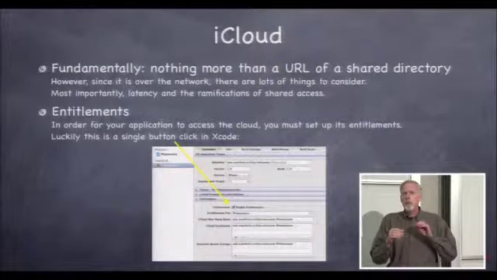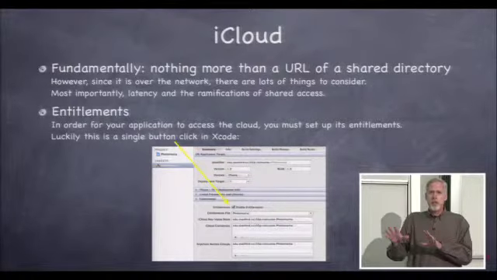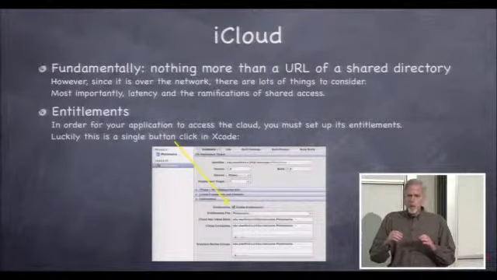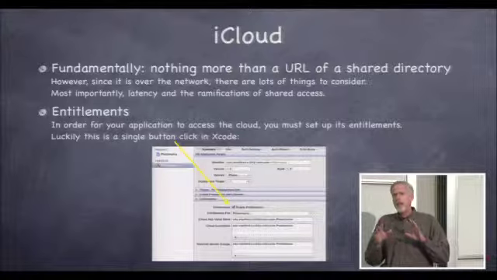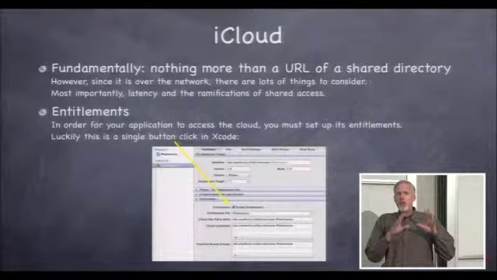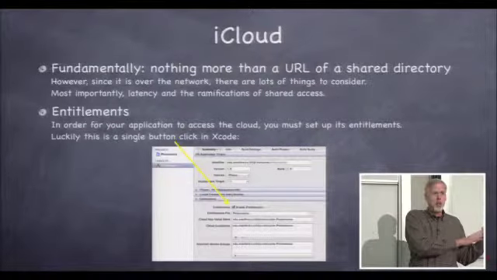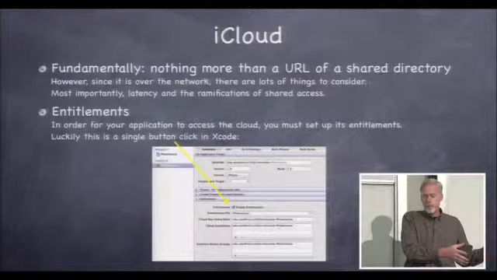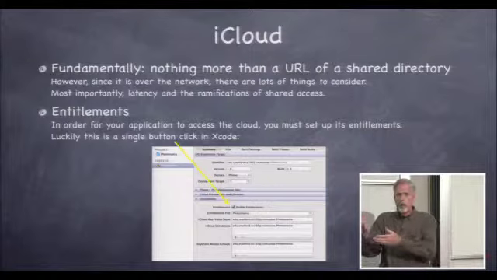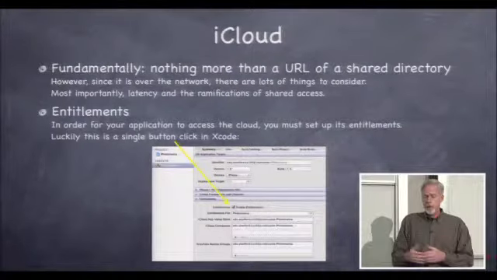I'm not going to talk about the details of this entitlement, but suffice it to say that there's kind of two sides of this. One is the provisioning profile that you create needs to be enabled for iCloud, okay, which it is if you're using the University Developer Program here.